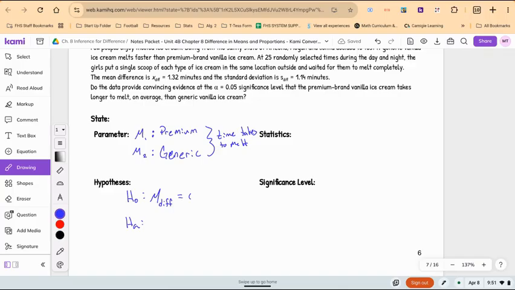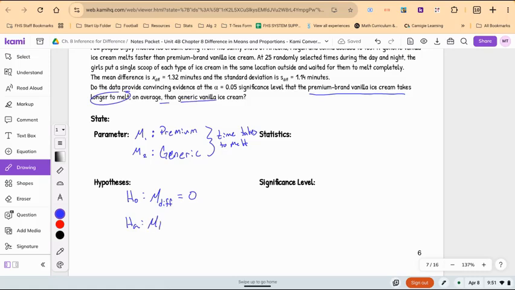And this one will always equal 0. So imagine us, again, doing what we did in that first video, and it should equal 0 if there's no change, right? And so then here, my alternative hypothesis I get from this last sentence. We're looking to see if the premium brand vanilla takes longer to melt than the generic.